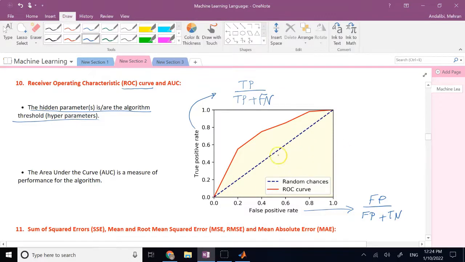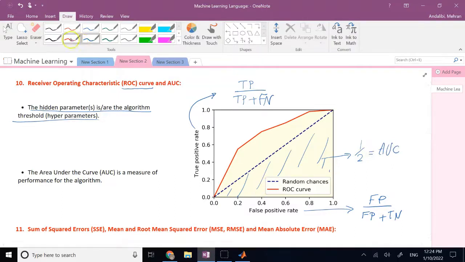Right? So the worst performance you can have is random performance, where the red curve falls onto the dash line. By the way, the red curve cannot fall below the dash line. It is always at or above the dash line. Okay, so the worst performance is this area, which is what? 1/2 area under the curve.